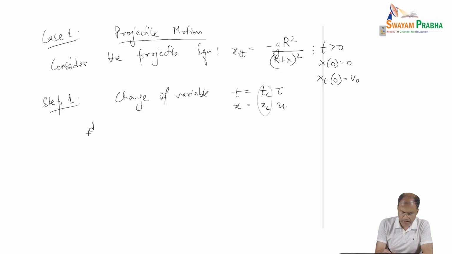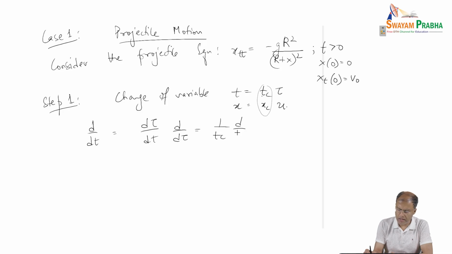So then we have the derivative d/dt, using chain rule, will be d tau/dt times d/d tau, and this is going to be 1 over tc times d/d tau. Right? And similarly the second derivative will be equal to 1 over tc square d2/d tau square.